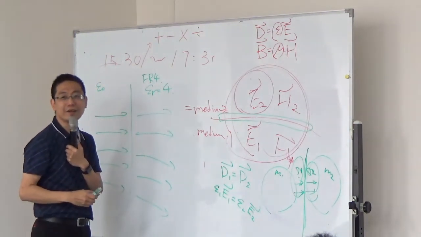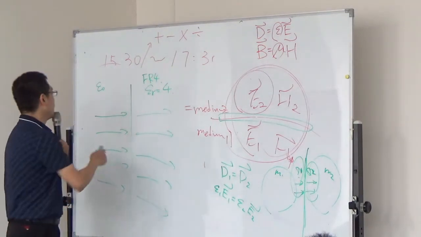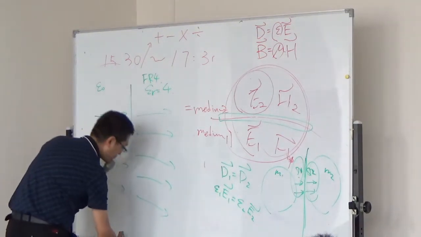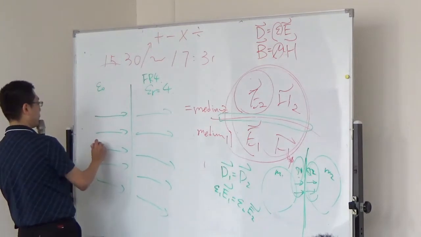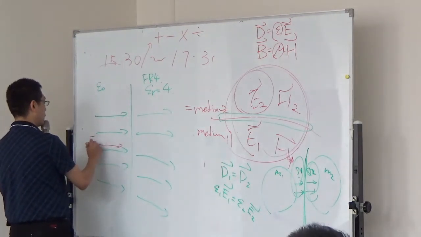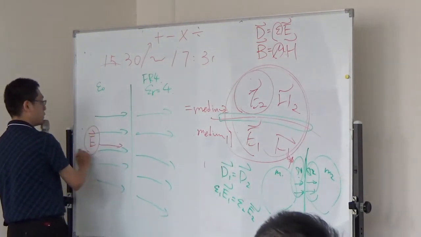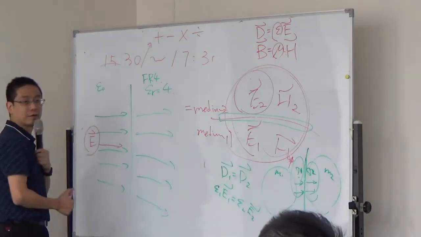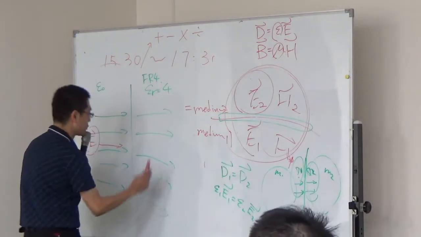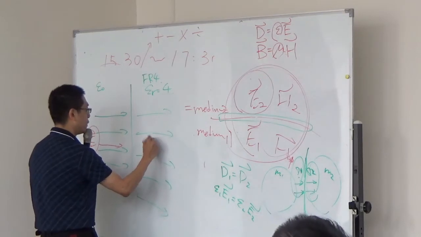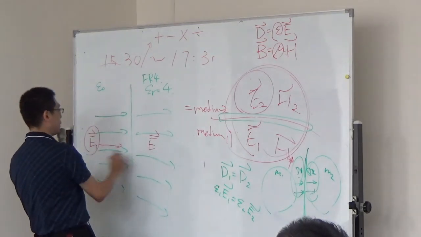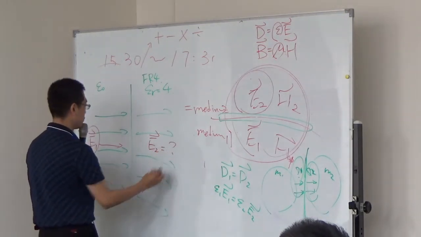It's easy to calculate. If your E field in the air is E, so what is the E field? This is 1, 2 equals to.